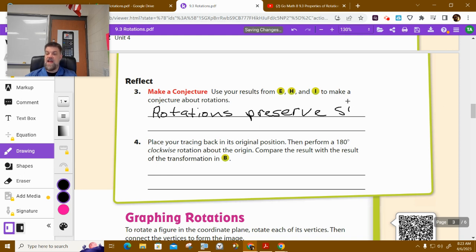Well, they preserve the size, that's the length, right? And the shape has to do with the angle. So they preserve the size and shape, right? Like it wasn't like one was a trapezoid and the other one was a circle. It wasn't like one was a trapezoid and the other one was a hexagon. There were two identical trapezoids, but one thing was different. What's that? The orientation. Yeah, but the orientation changes.